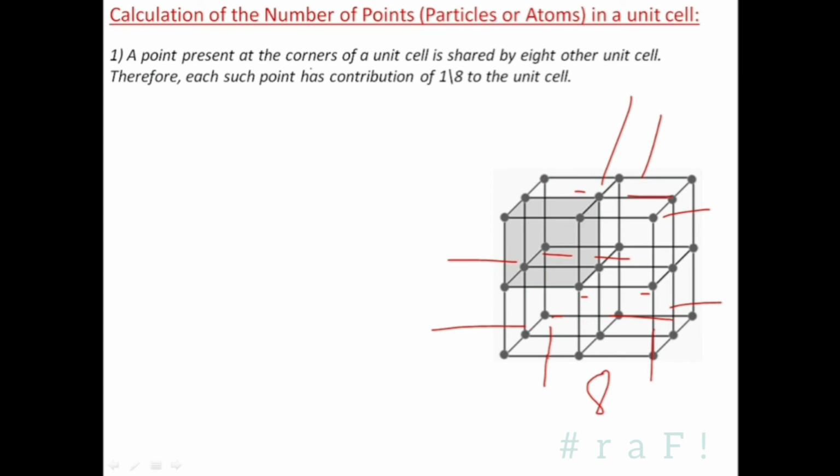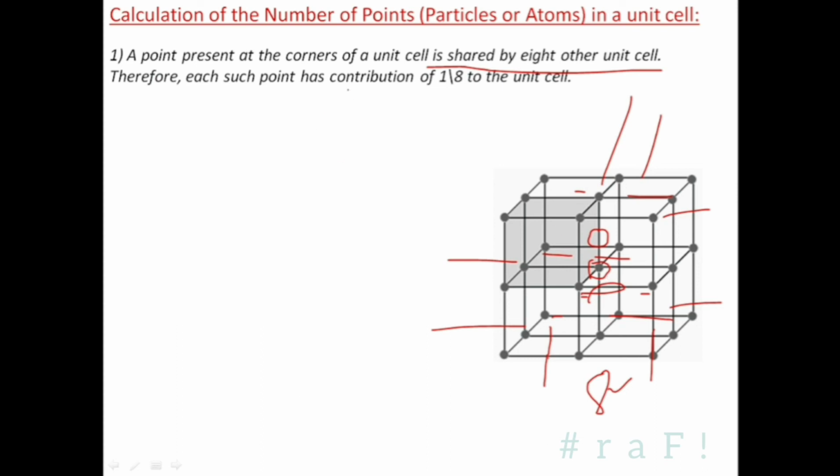See here what the first point says: a point present at the corners of a unit cell is shared by 8 other unit cells. Take the center atom. To this center atom, 4 unit cells are below and 4 unit cells are above this atom. Total 8. This center atom is shared with these 8 unit cells.